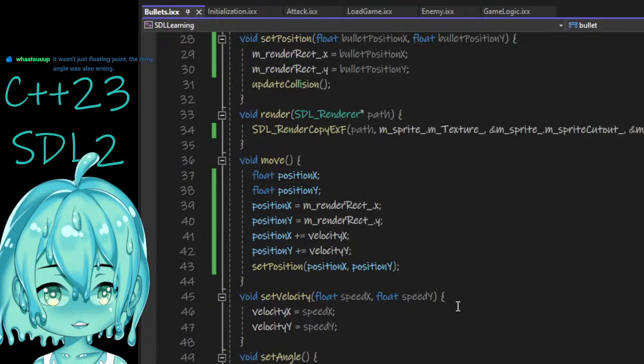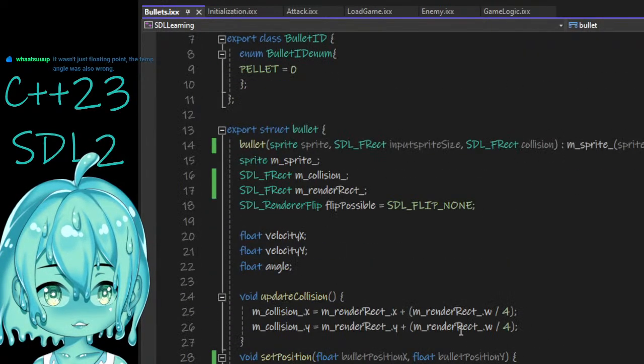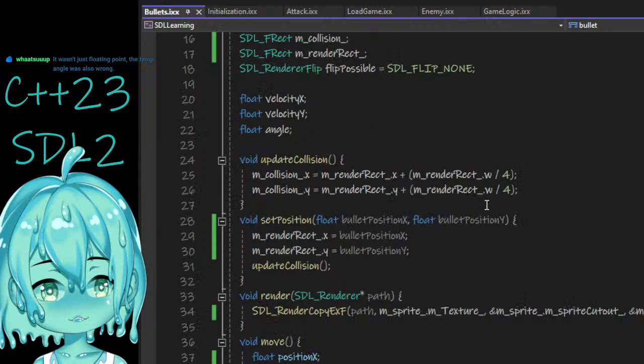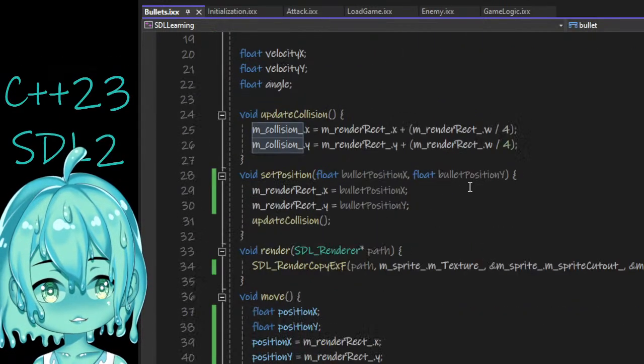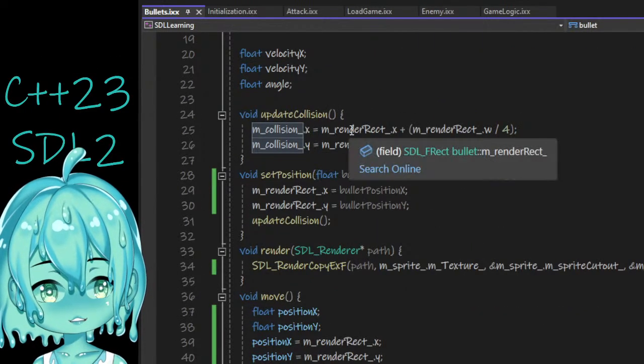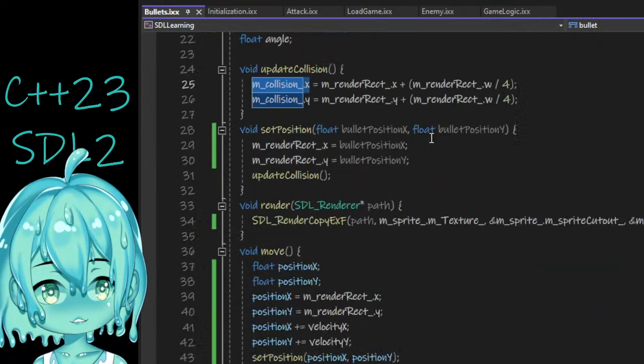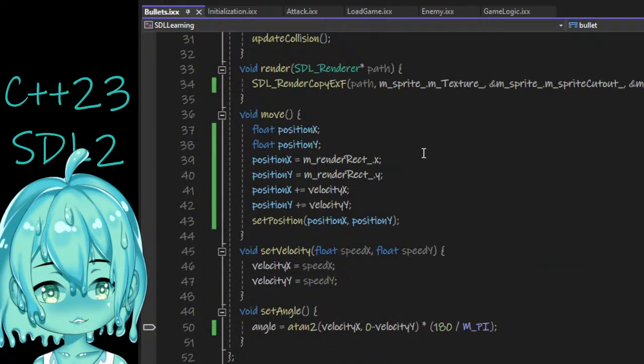Collision. Why does collision turning into a float rectangle cause issues? Where am I using this? This here, update collision. Well, these were already floats. Is equal to float.x. That shouldn't change anything.